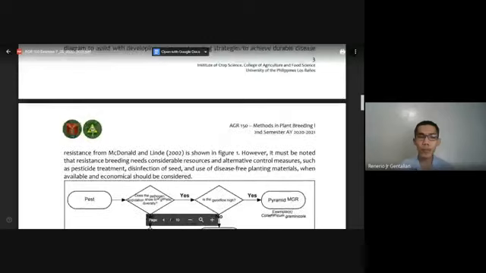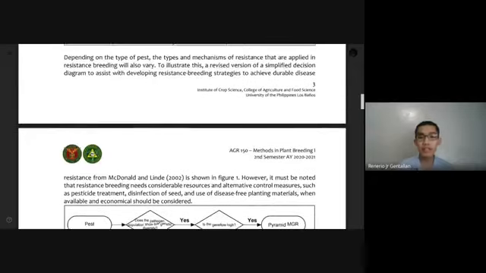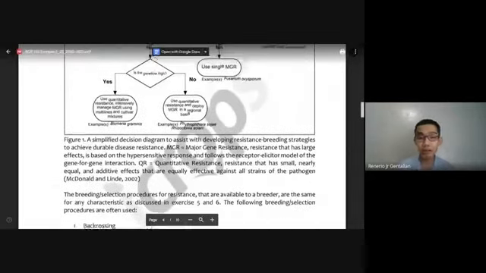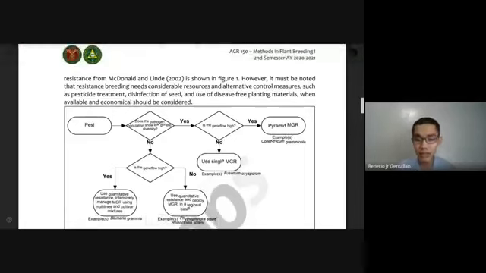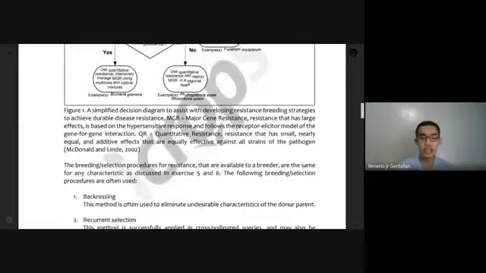With the evolution of that pathogen, depending on how fast a certain pest evolves, your hybrids, or your plants that are resistant, might easily break down. So in here it takes into account this strategy.